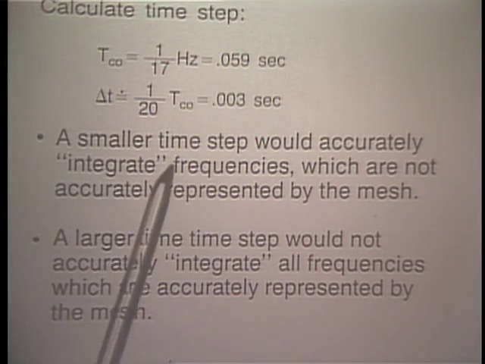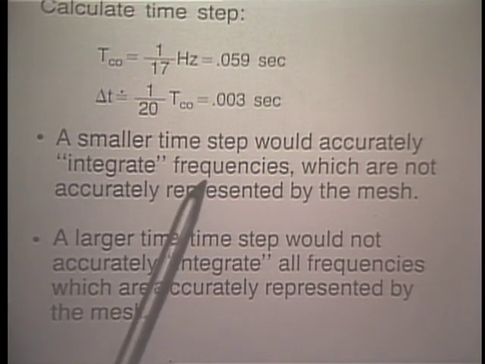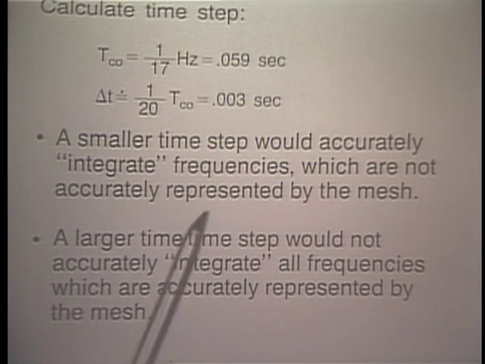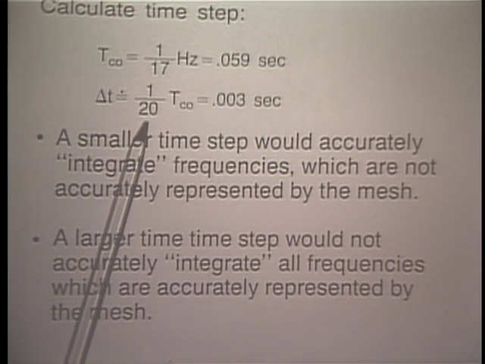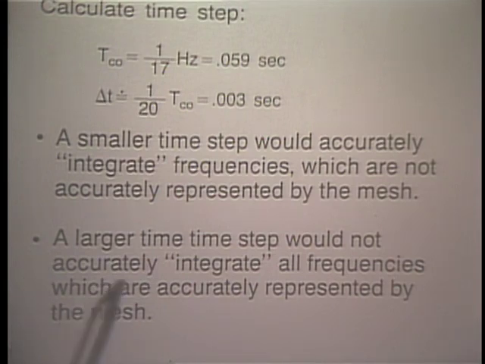Notice a smaller time step would accurately integrate frequencies which are not accurately represented by the mesh. Therefore, there is no point choosing a smaller time step. A larger time step would not accurately integrate all frequencies which are accurately represented by the mesh.